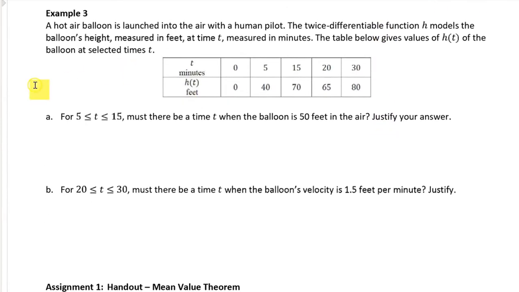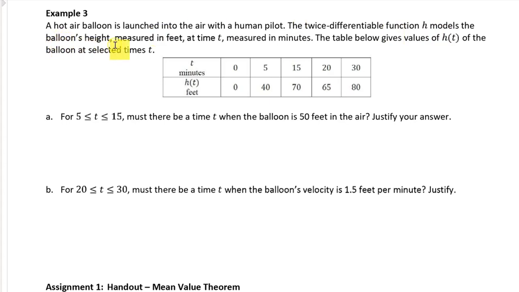We're going to look at both of these with a chart here. It says a hot air balloon is launched into the air with a human pilot. The twice differentiable function h, that's h in the chart here. So they're telling us that h is twice differentiable, which means the first derivative exists and the second derivative exists.